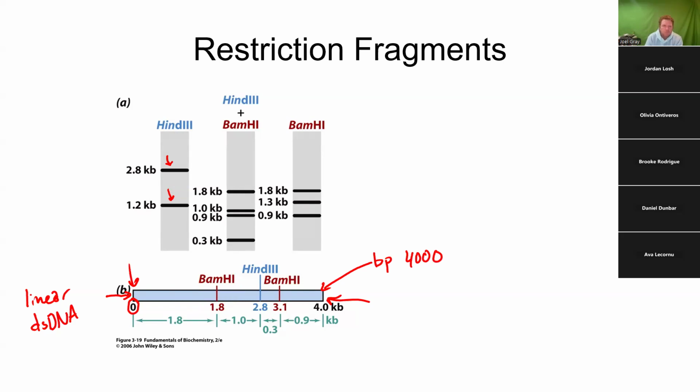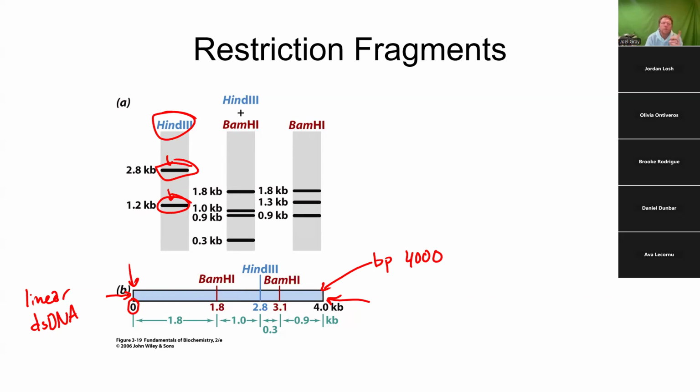But if we cut this piece of DNA with HindIII and then we run the resulting digestion products in a DNA gel electrophoresis, we see that there's one band that's 2.8 kilobase pairs or 2,800 base pairs. There's another one that's 1,200 base pairs. Okay. Huh. Is that significant?